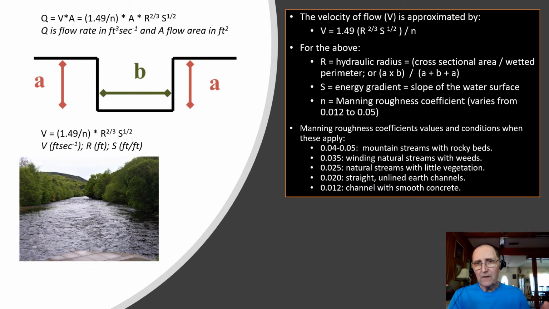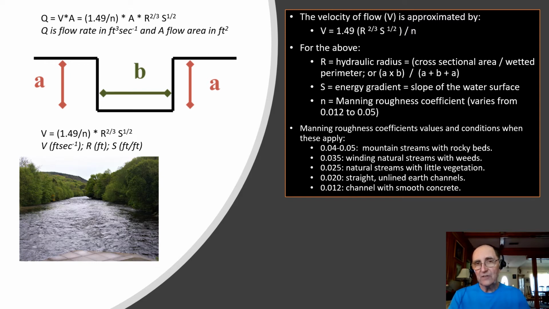You should know that the velocity of flow in a river or stream can be approximated using Manning's equation, where velocity is a function of a constant, 1.49, multiplied times the hydraulic radius times the gradient divided by the Manning roughness coefficient. The hydraulic radius is the cross-sectional area of the stream divided by its wetted perimeter.